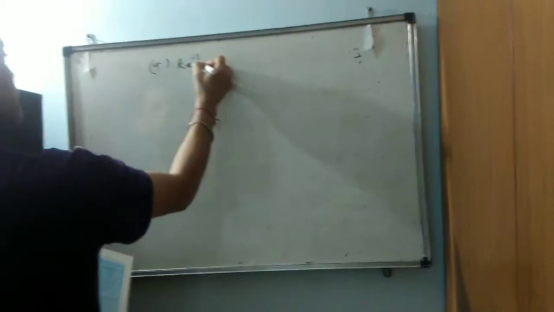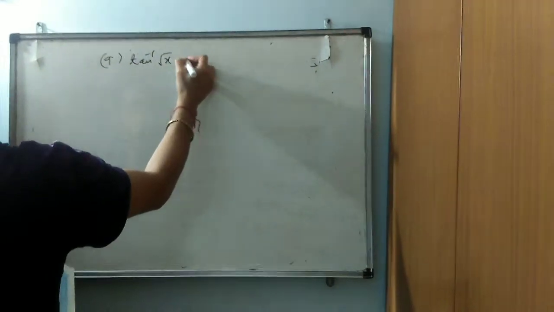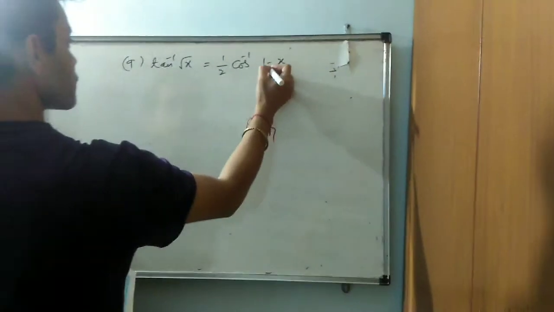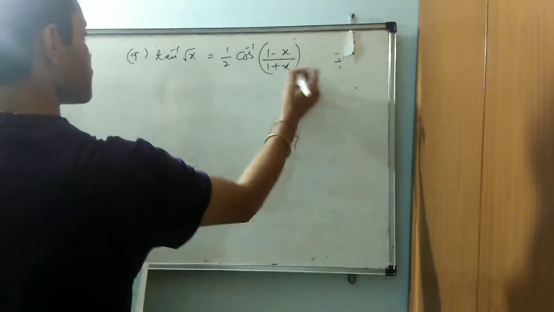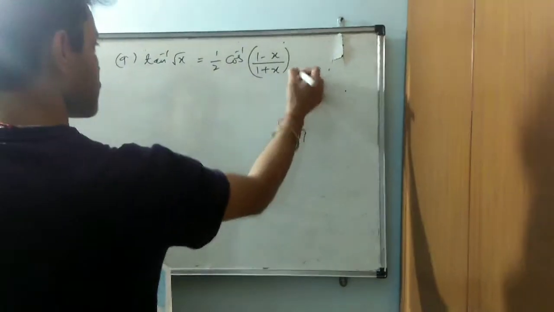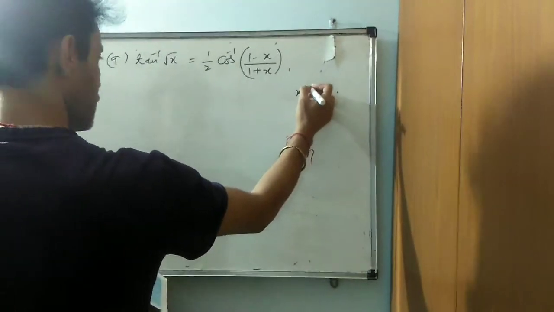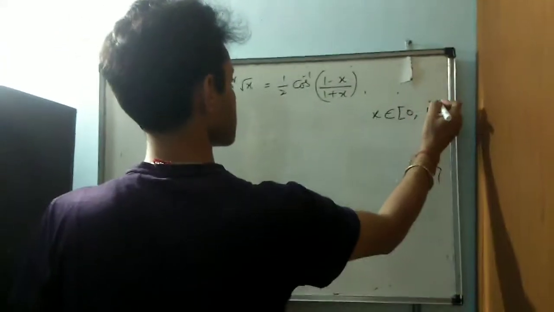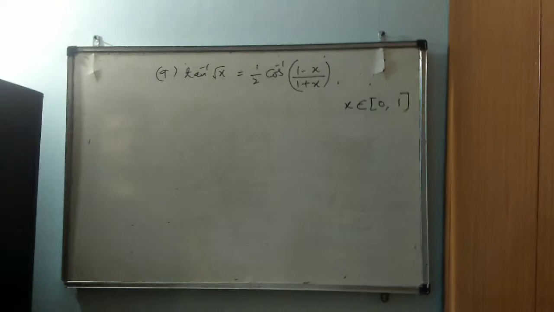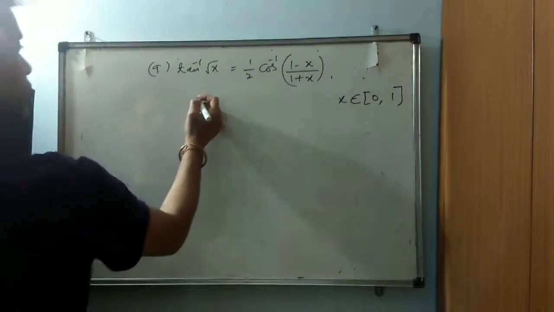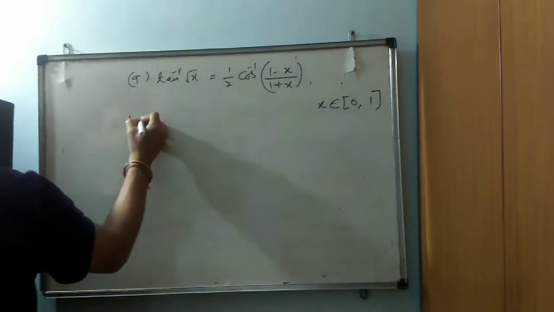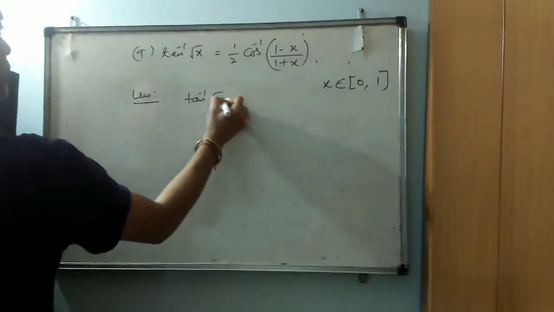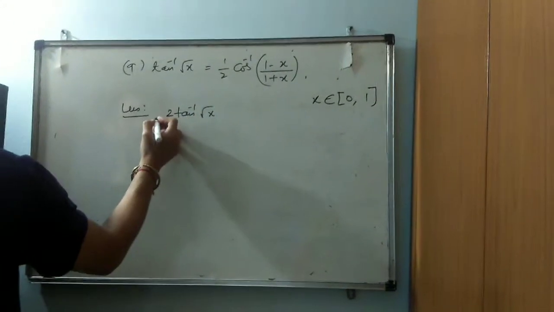Tan inverse root x is equal to half cos inverse 1 minus x upon 1 plus x. It's given that x is lying between 0 and 1. So proceeding from the left hand side, we'll make this adjustment, multiply and divide by 2.